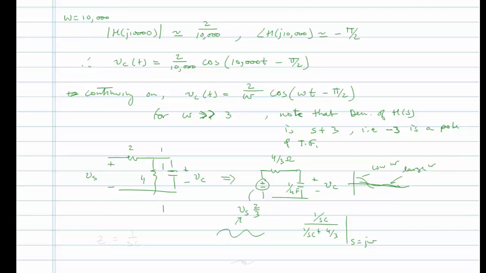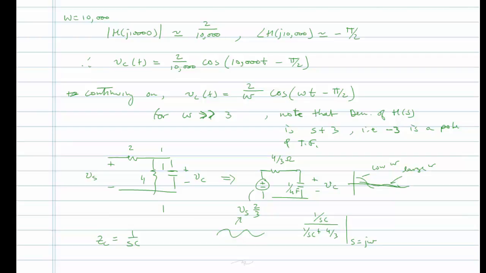And that's in keeping with the impedance of the capacitor, Z of C, which is 1 over SC, tending towards 0 as S gets larger and larger, where S equals 0 is DC. So at S equals 0, the impedance of the cap is infinite. Now when S gets very large, the impedance of the capacitor goes towards 0.